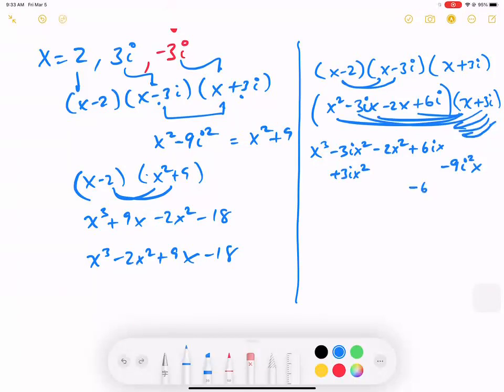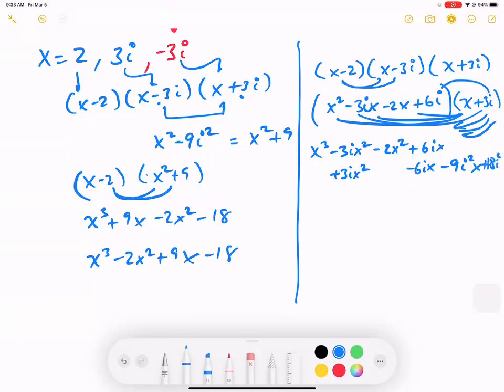I times x is just ix. Last one, 3i times 6 is 18i squared.